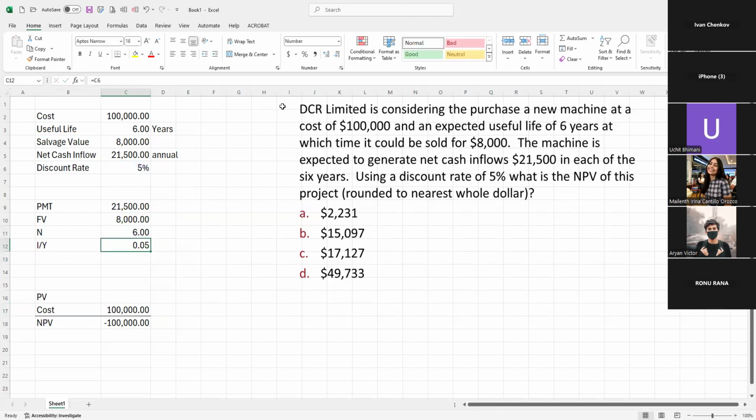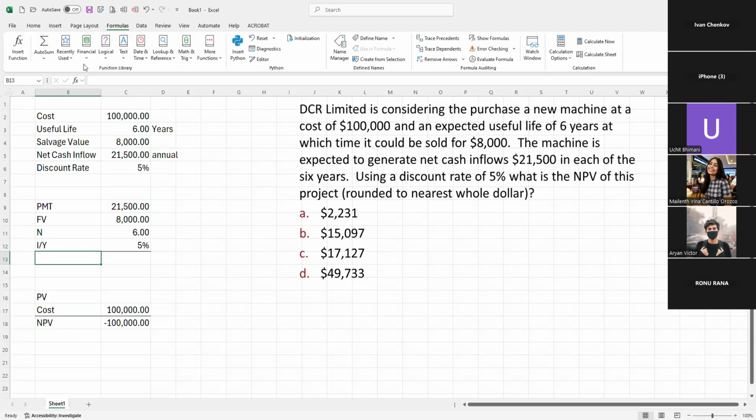So at this point, I have all the necessary information to calculate my present value. So how can I do that using Excel? Very simple. Excel has formulas. Watch carefully now. Click on Formulas, then look for Financial functions.